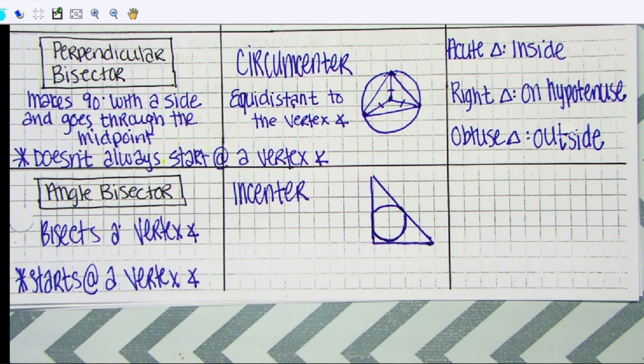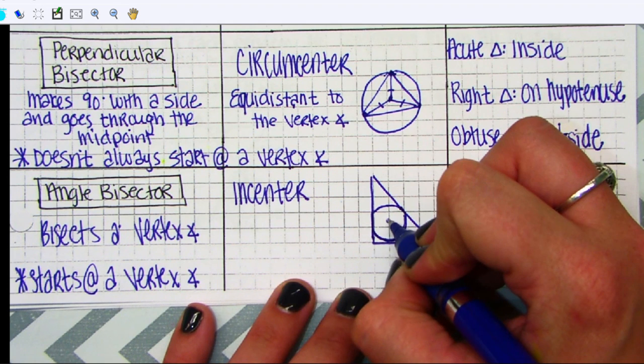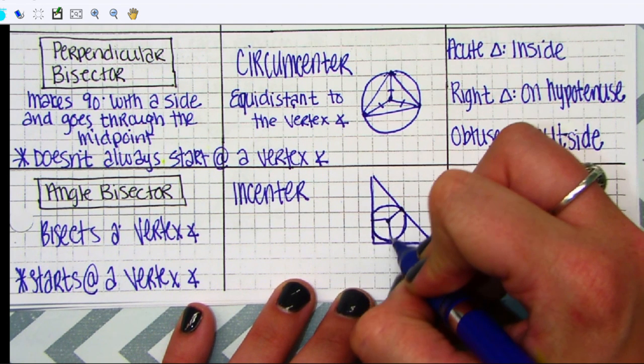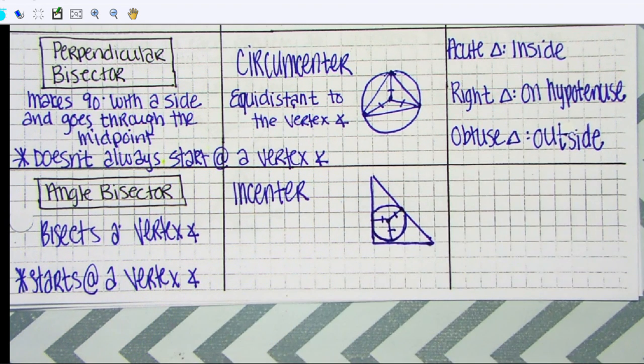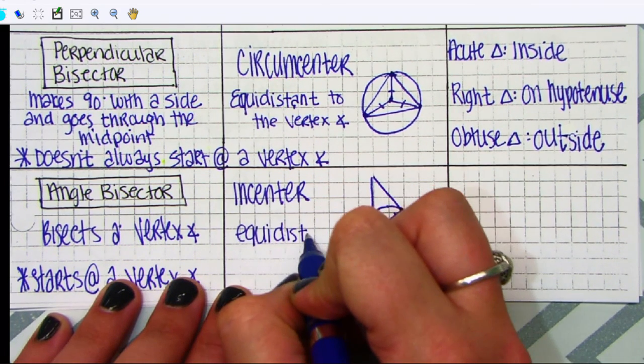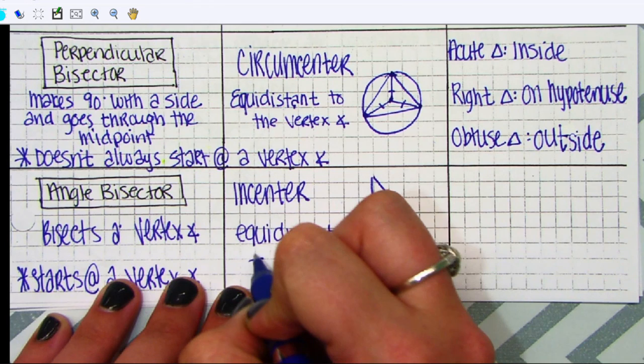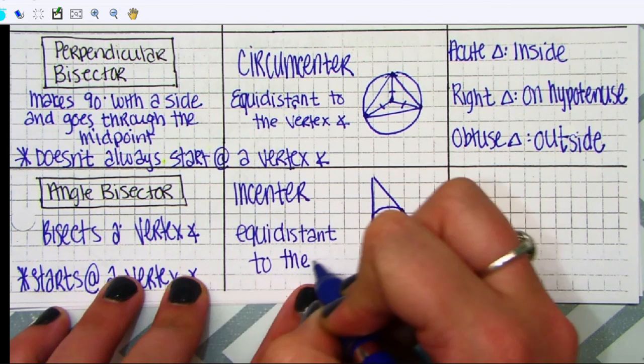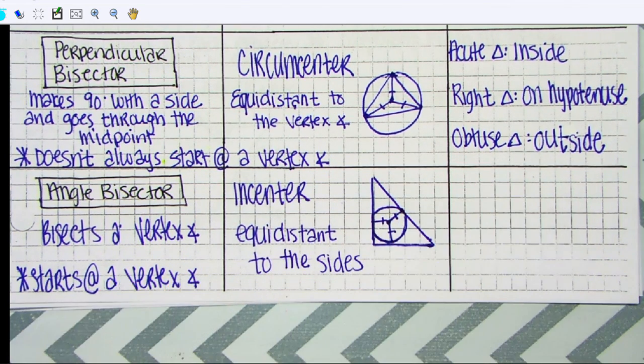So the incenter, if I'm going to the side of the triangle, it's equal. So this is equidistant to the sides. Where's the incenter located? Yeah, it's always inside.